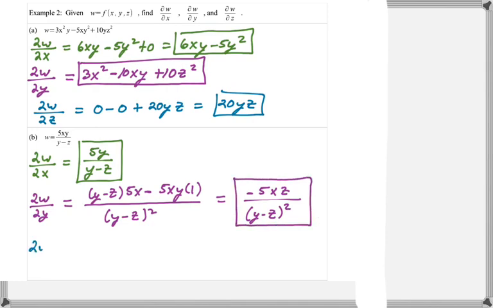Okay. Now the partial of w with respect to z. Again, you have a z in the denominator, so we could use the quotient rule or maybe a power rule, but let's go ahead and use the quotient rule. So it's going to be the low function, y minus z.